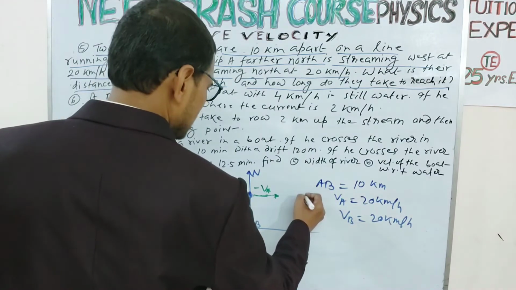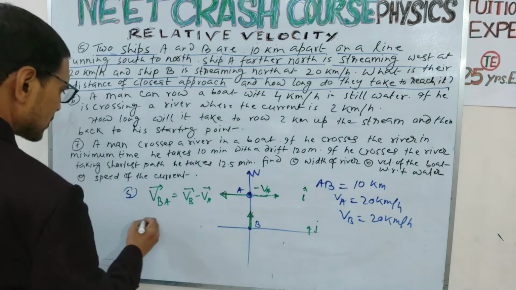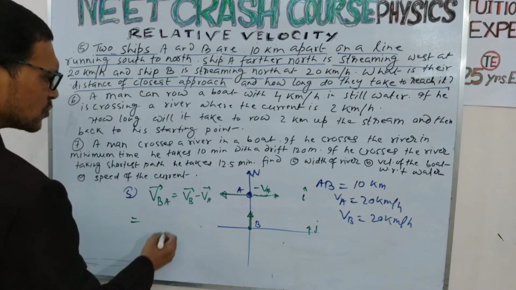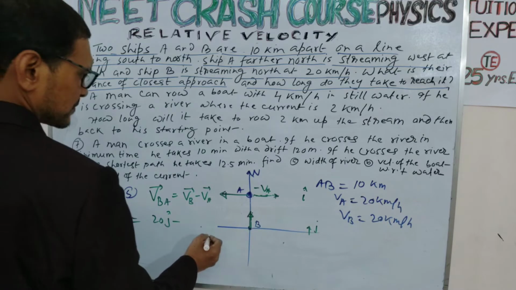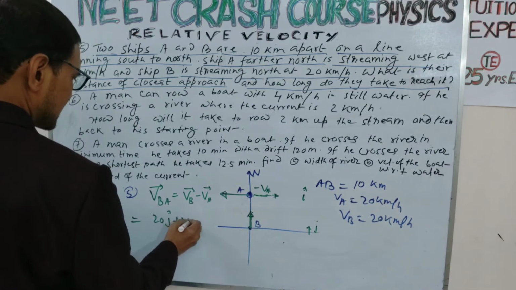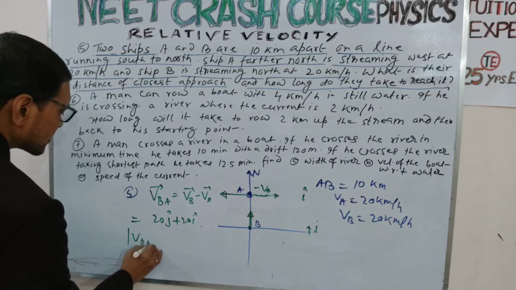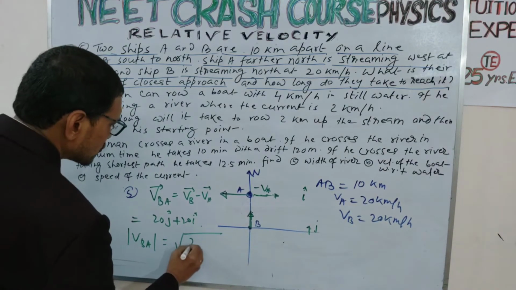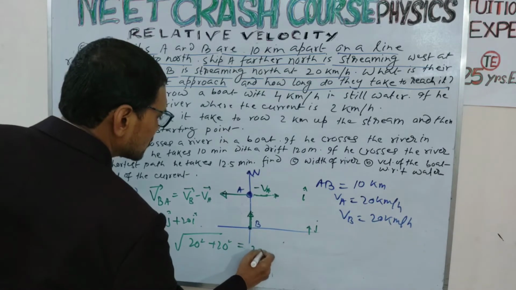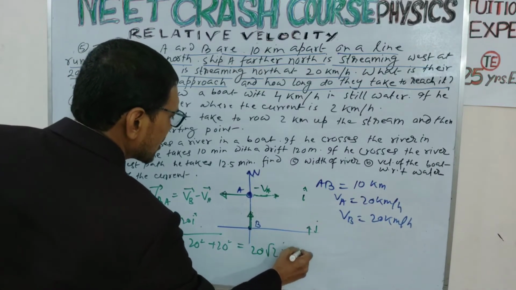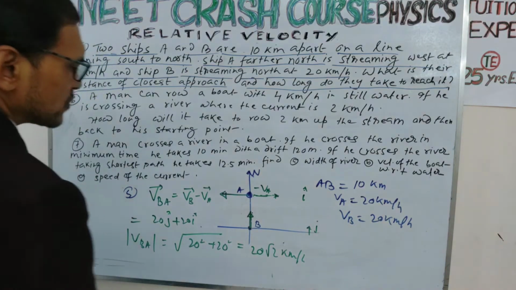Suppose this is direction I and this is direction J. So VB is 20 J and VA is 20 I. The magnitude of VBA will be root over 20 square plus 20 square, which is equal to 20 root 2. So we get the relative velocity of B with respect to A.